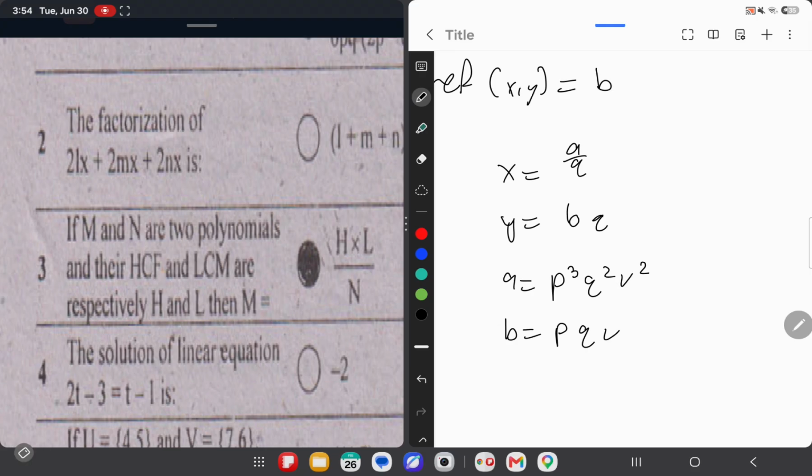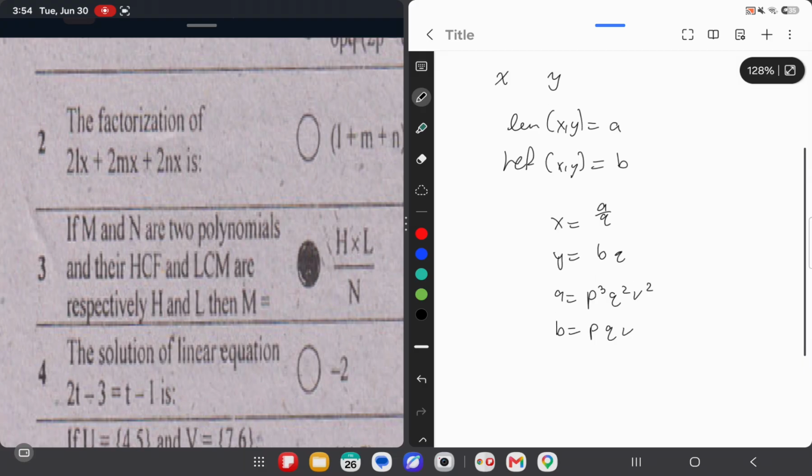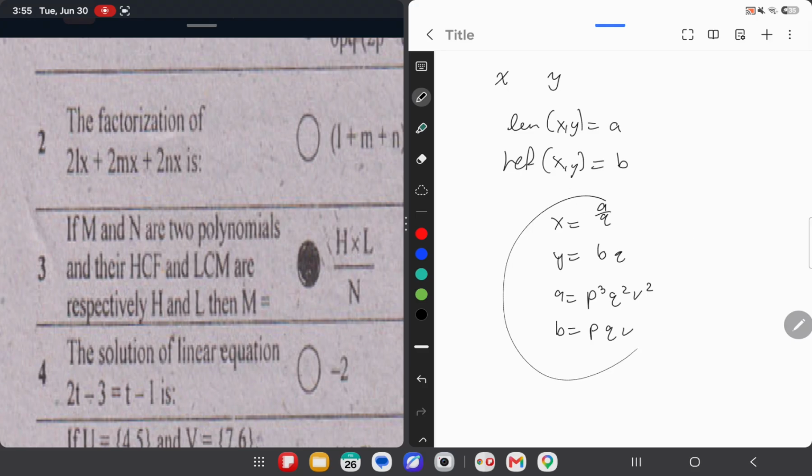We can now have this identity. LCM of x and y is a and HCF of x and y is b. They do work out, but they have this form.